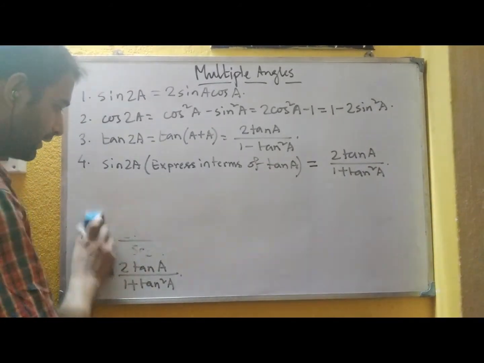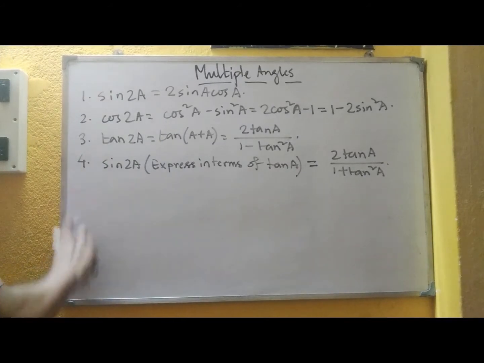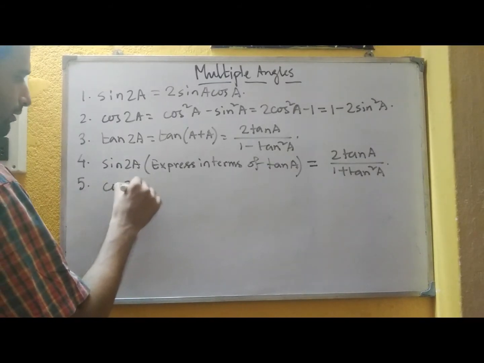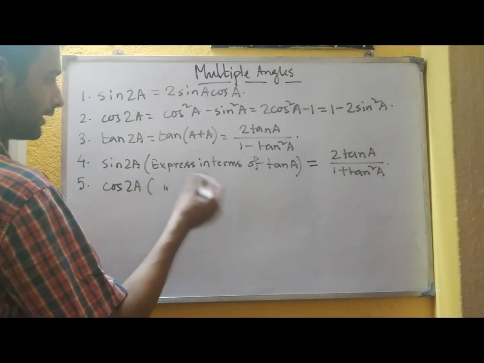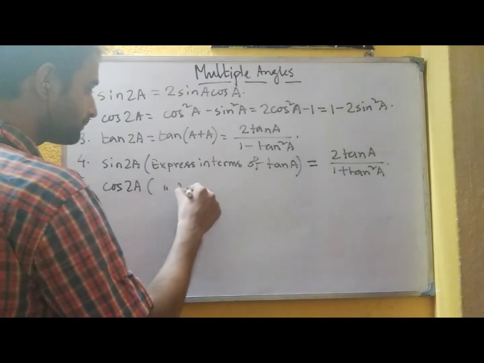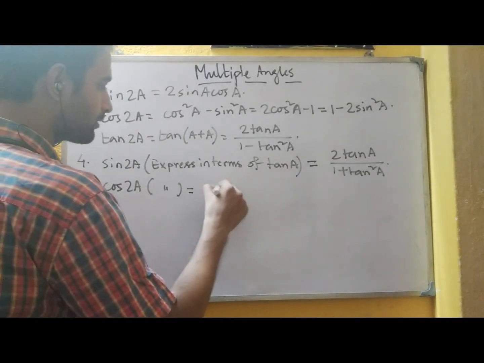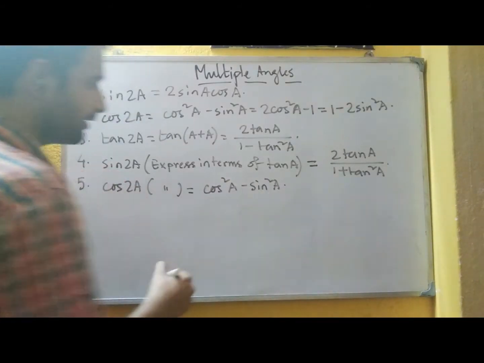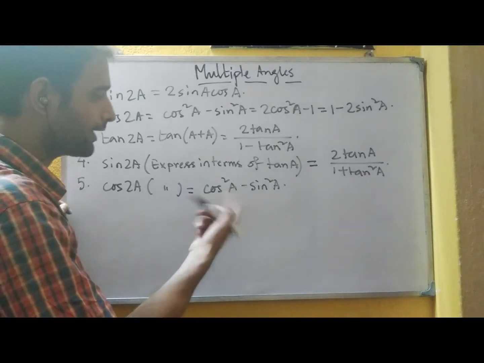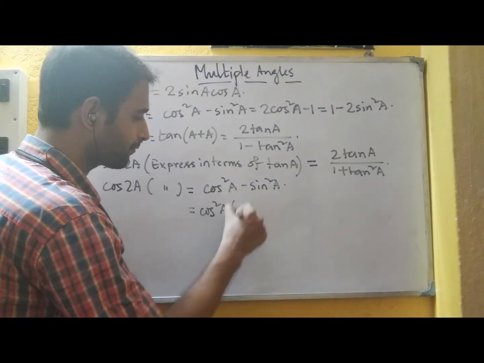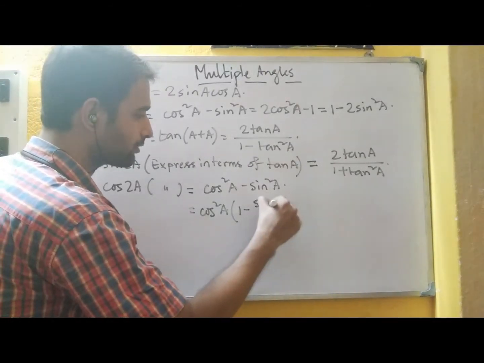As for sine, we have another formula for cos also. That is, cos 2A we have to express in tan. So then what do we have to do? As we know, the formula is cos square A minus sin square A. Since there is a sin square A, to make it a tan, we have to take cos square common. We can write 1 minus sin square by cos square.